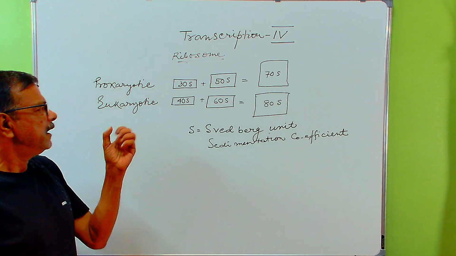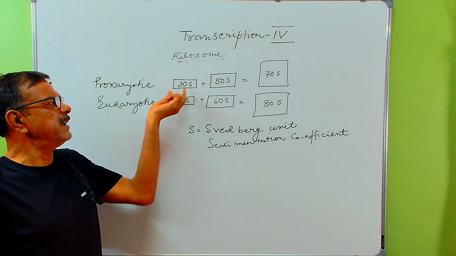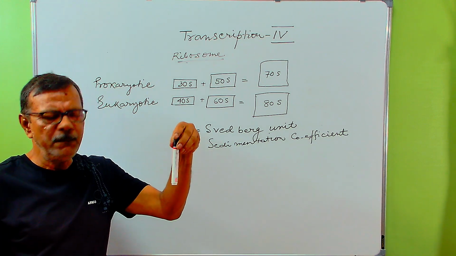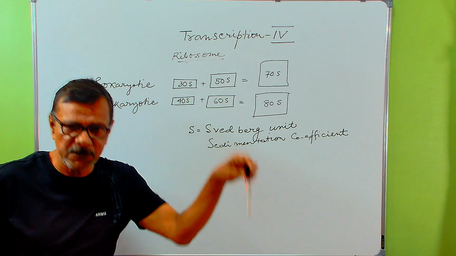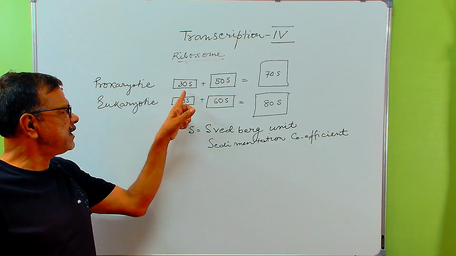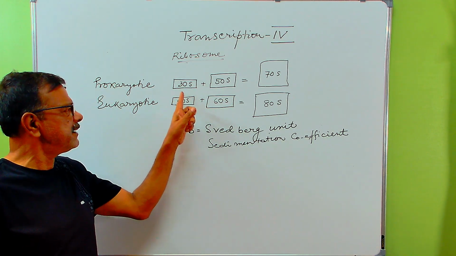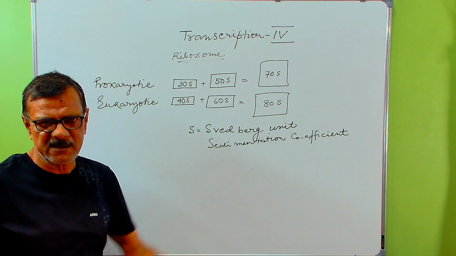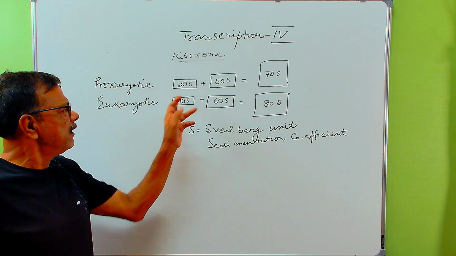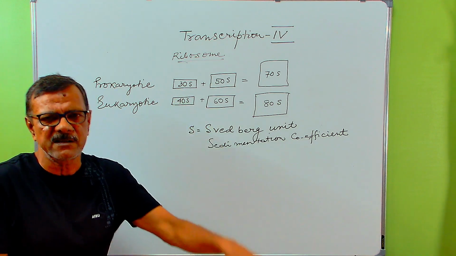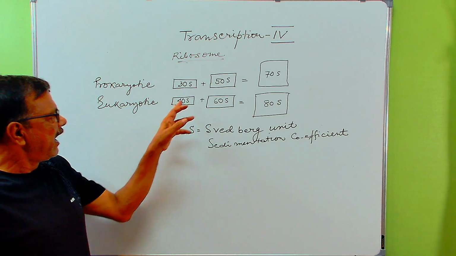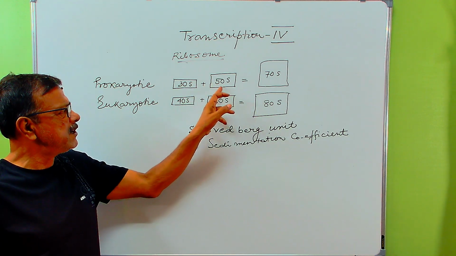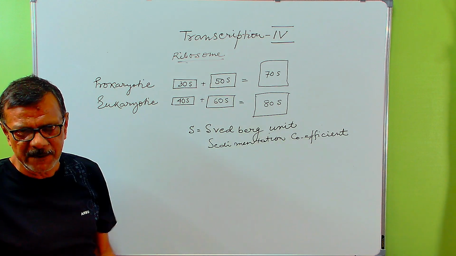Now, if you take 30S in a test tube and put it in a centrifuge machine, it gets sedimented and it is marked as 30S. Say for example, within 30 minutes it gets sedimented. And if you take the bigger one, the sedimentation coefficient will be 50.